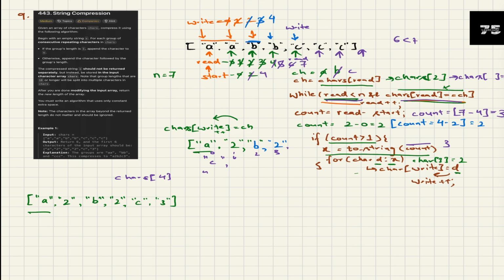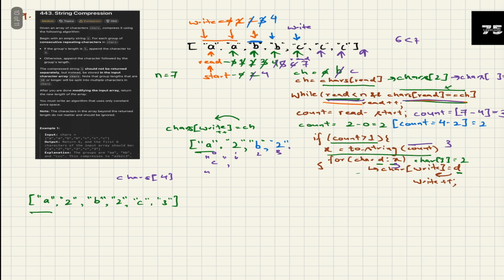We are going to convert it to a string, and for each character in this 3, we will write it to chars of right. And we had done the right plus plus. This I forgot to do. Right plus plus, my right is pointing over here, and sorry, it was 5.